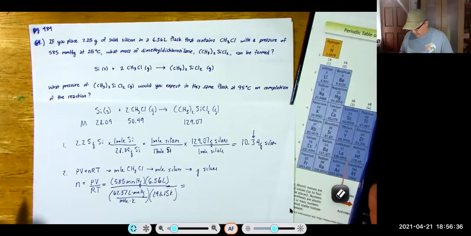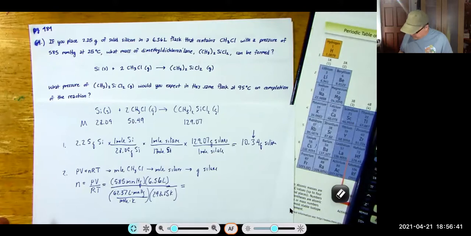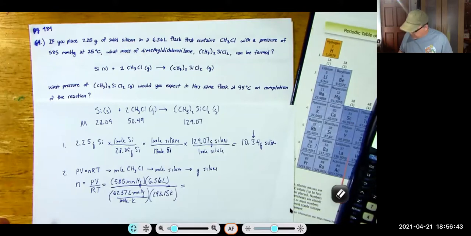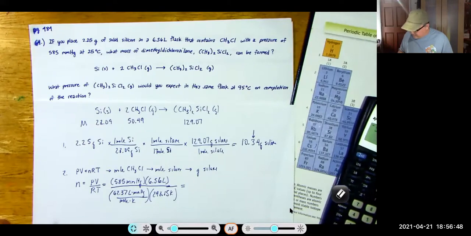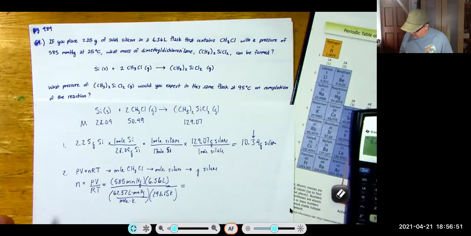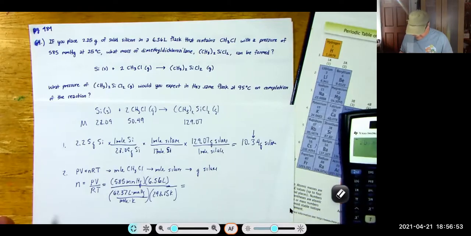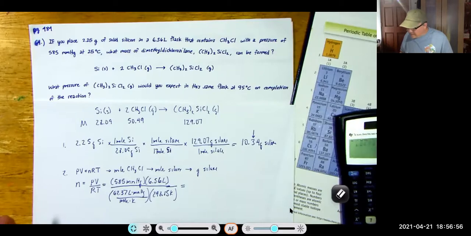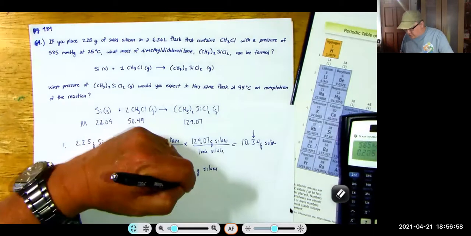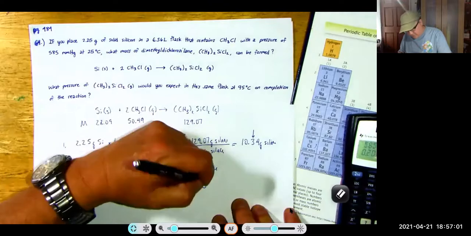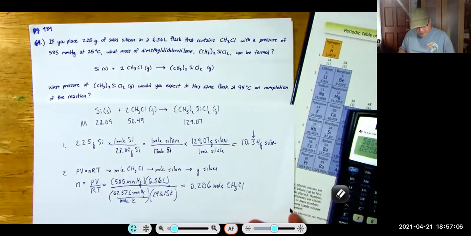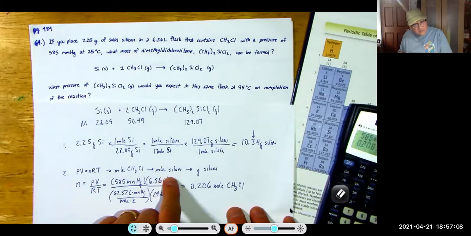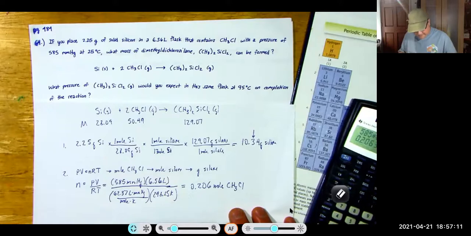So we get 1/5 or 0.2, and we get 0.206 moles of CH3Cl. So now we're going to take that and convert that into moles of silane and then grams of silane.